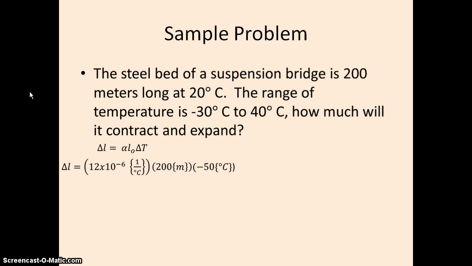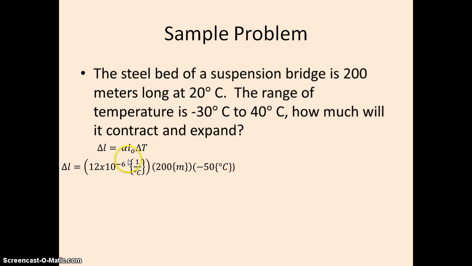If this was an AP exam and they wanted you to do a calculation with this, you would be given this. You don't need to memorize any of these coefficients of linear expansion. I got this from the chart on page 358. The coefficient of linear expansion there is 12 times 10 to the negative 6.